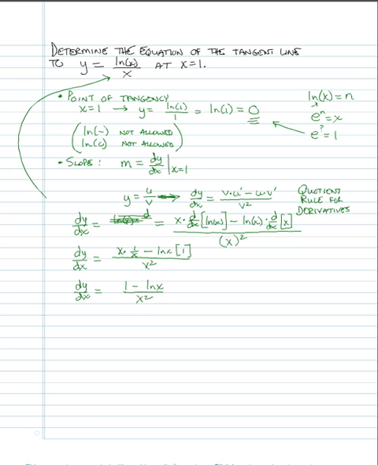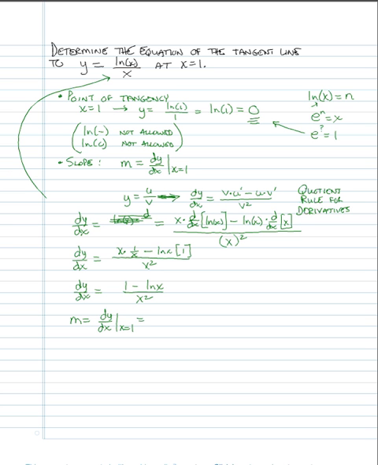Now, recall the purpose of this is really just to find the slope of the tangent line. So we take this information to find the slope. That's what we're really trying to do, is we take the derivative and we evaluate it at x equal 1.